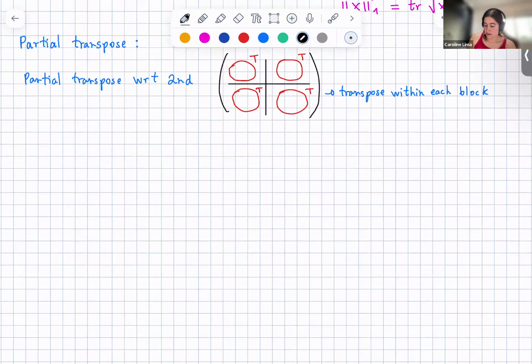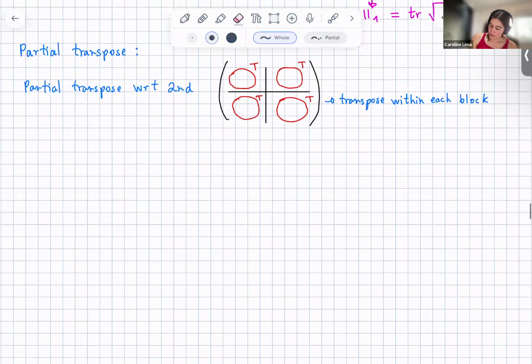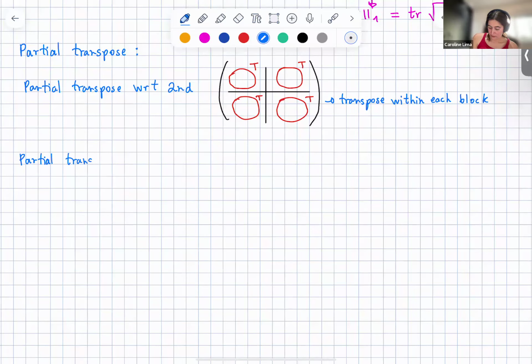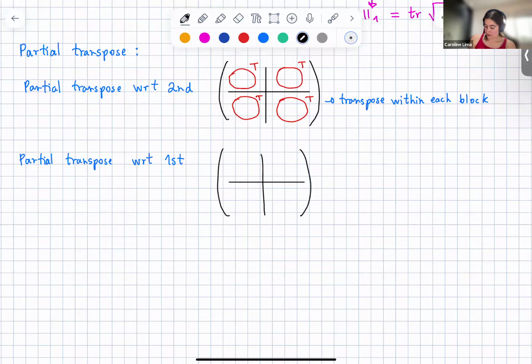Now, if I want to compute instead the partial transpose with respect to the first system, then what I'm going to do is simply swap these two blocks.